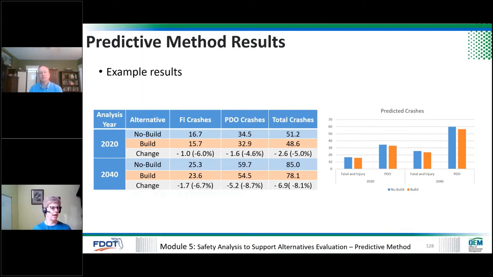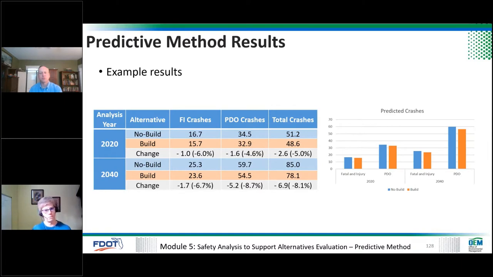Now we've mocked up an analysis to show that crashes go down with our build condition, and we do see that, but we also see that crashes go up with your build condition, and that can happen because often with your build condition, traffic goes up.